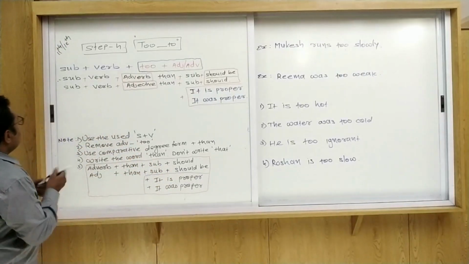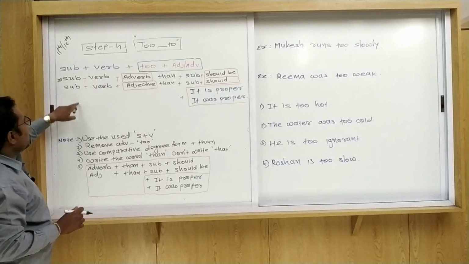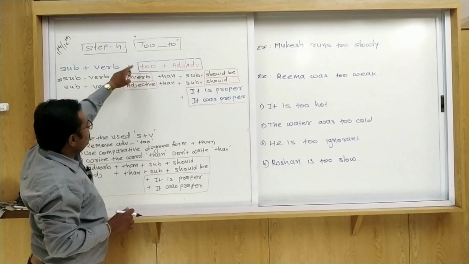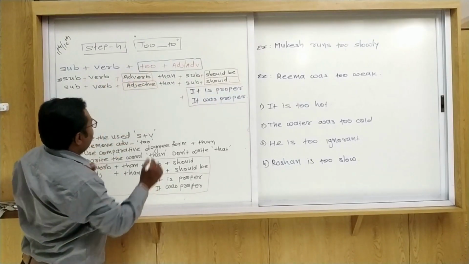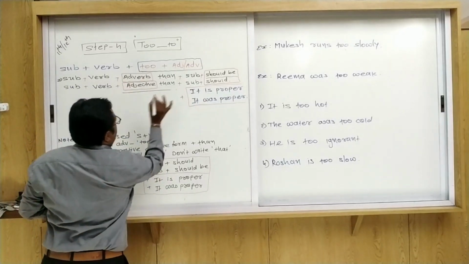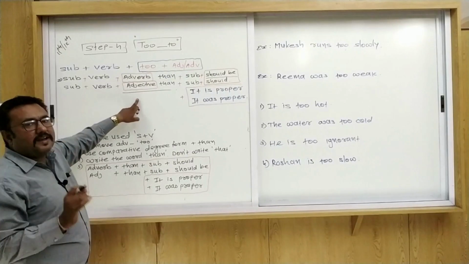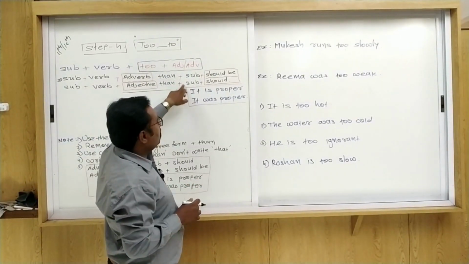Okay, so this is the structure of transformation: subject, verb, remove to and use adverb or adjective, then. So here it is necessary to use comparative degree. After that, subject, that means pronoun.